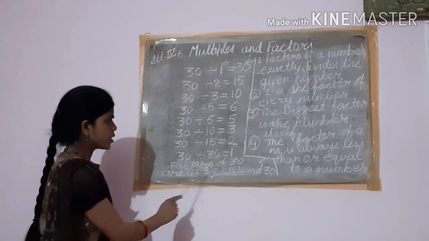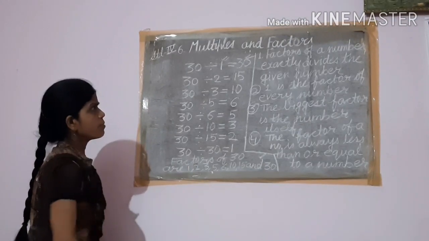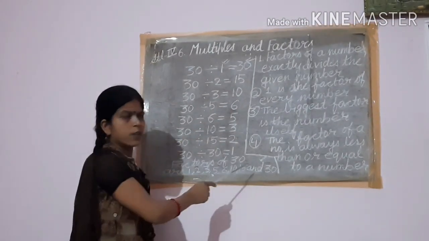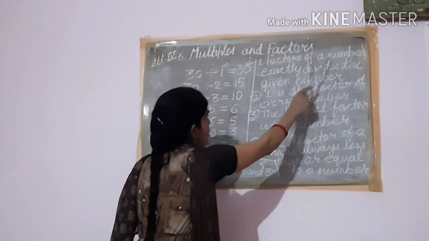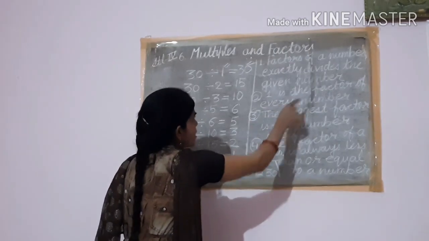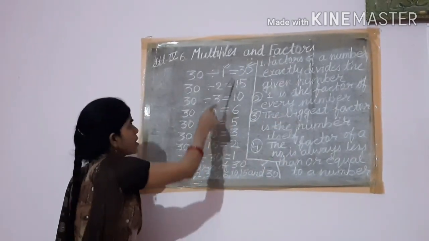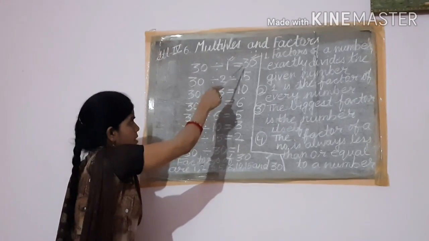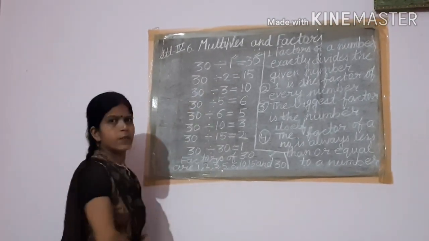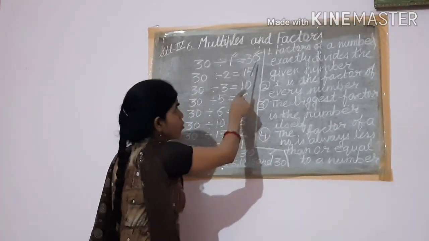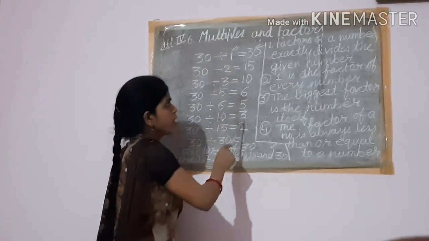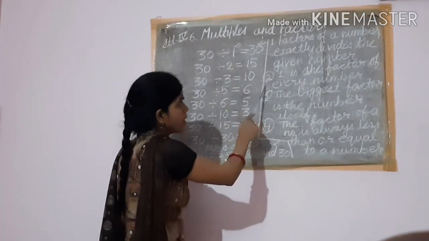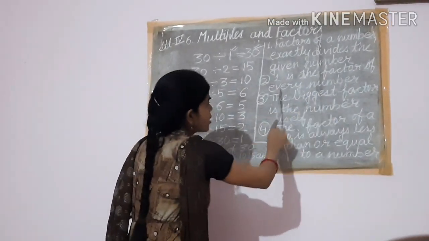Looking at these factors, try to remember these points. First point is factors of a number exactly divide the given number. You have seen here all the factors are dividing this number 30 exactly, meaning the remainder is 0 in all these divisions. Second is 1 is the factor of every number.